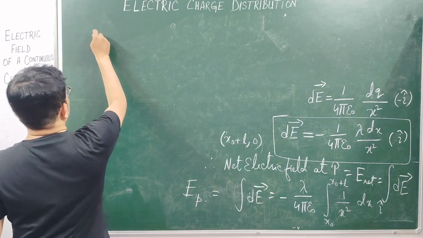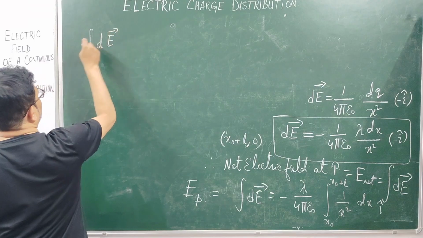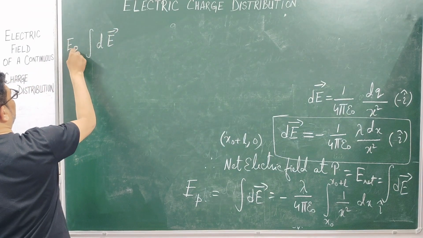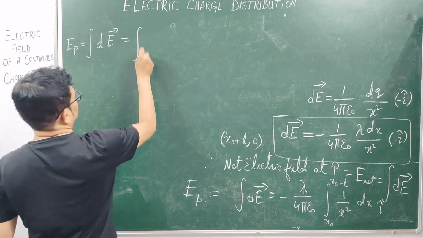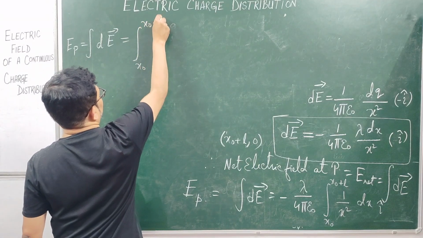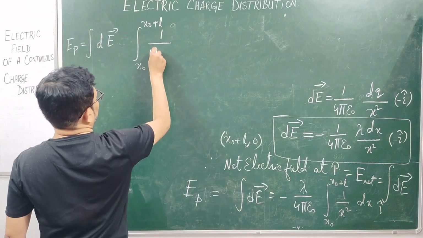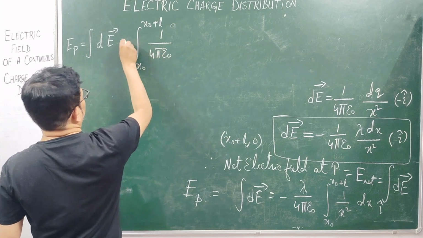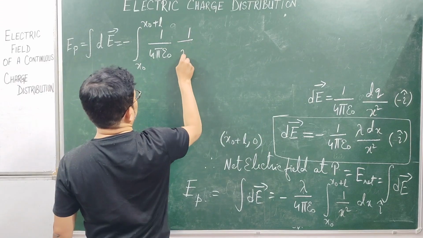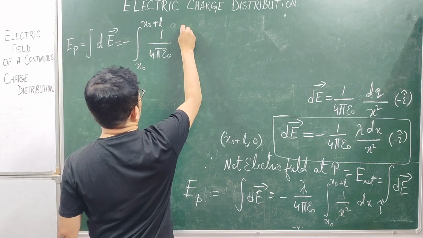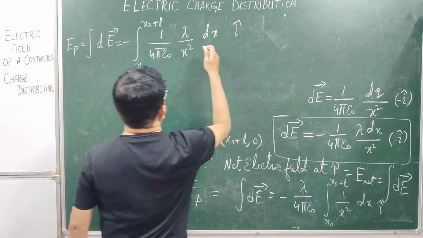So I'm writing this equation here. We are getting the net electric field upon integration, which is the electric field at point P equal to the integration with limit x naught to x naught plus L, 1 over 4 pi epsilon naught, minus is also there, negative, and this comes out to be 1 over x squared lambda dx I cap.